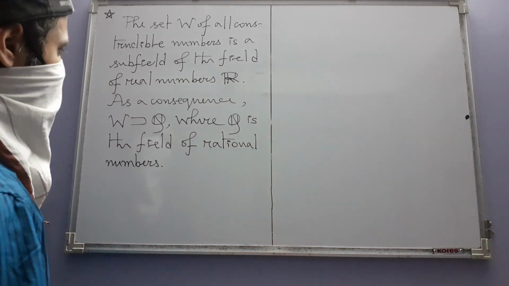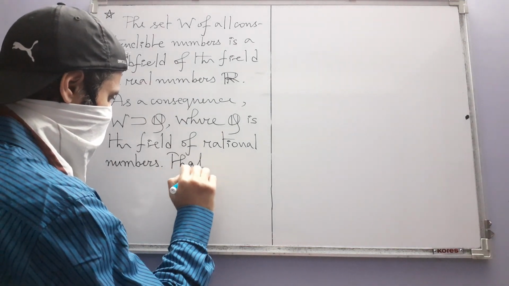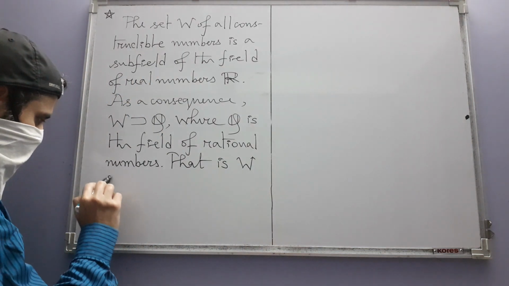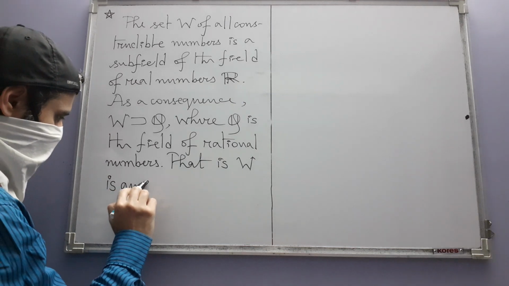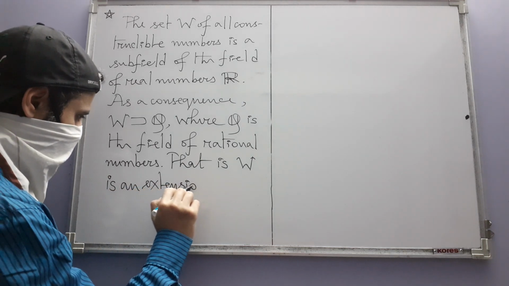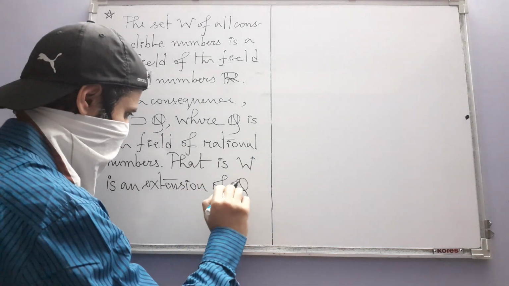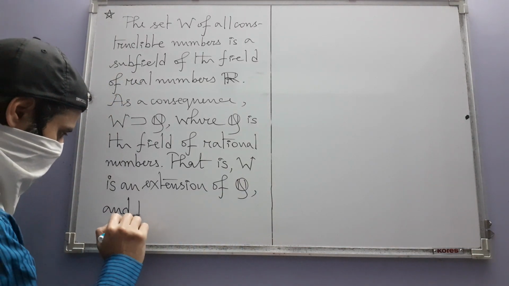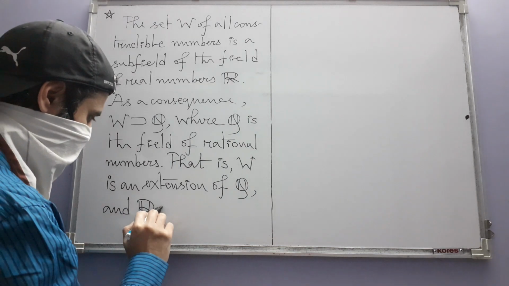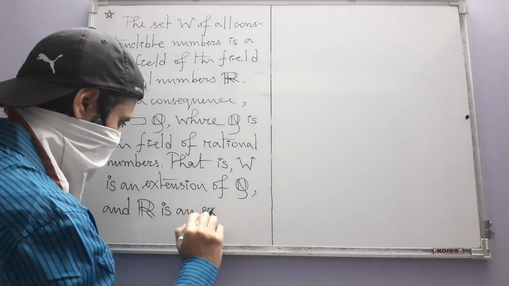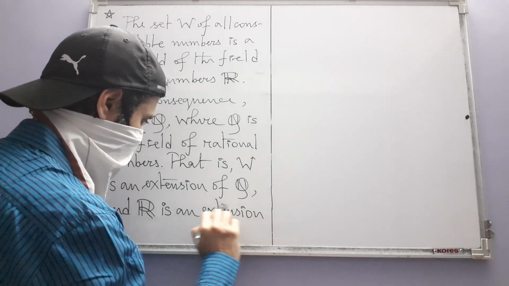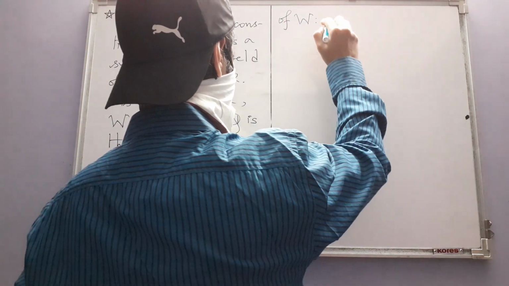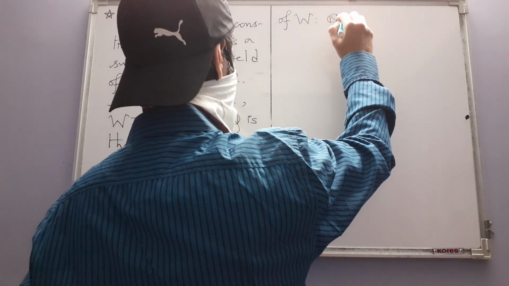That is, W is an extension of the field of rational numbers, and the field of real numbers is an extension of W. In other words, the situation is like this.